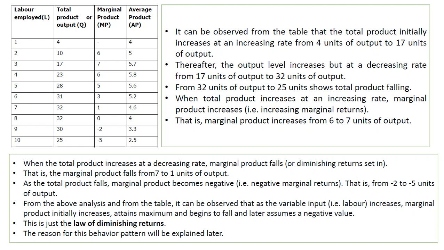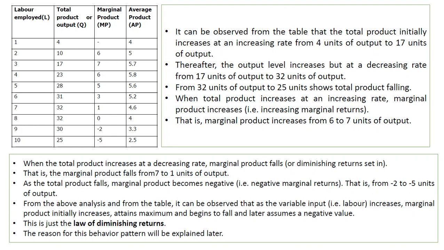So as the labor employed increases, the marginal product of labor initially increases, then eventually decreases. This relationship of increasing the variable inputs on a fixed input, and the marginal product initially increasing and diminishing eventually, is what is known as the law of diminishing returns.